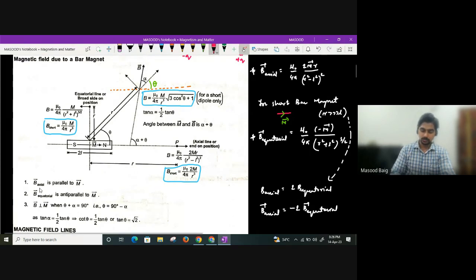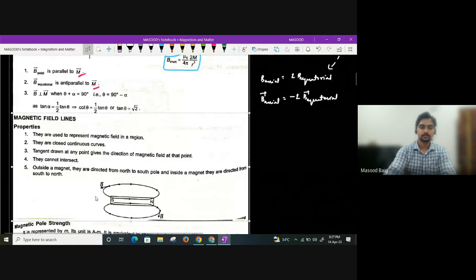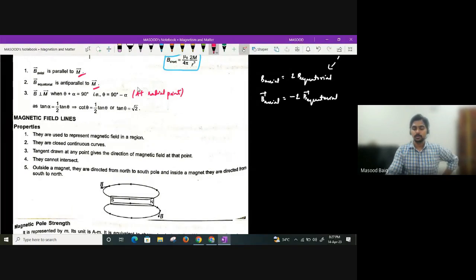Now you see, magnetic field at axial point is parallel to m bar. We already know that. Equatorial point anti-parallel to m bar. This also we know, right? Here, if you look at the third point, guys, what is this point here? This is magnetic field at radial point again. So at radial point, if magnetic field at the radial point is perpendicular to dipole moment, theta plus alpha value will be 90.